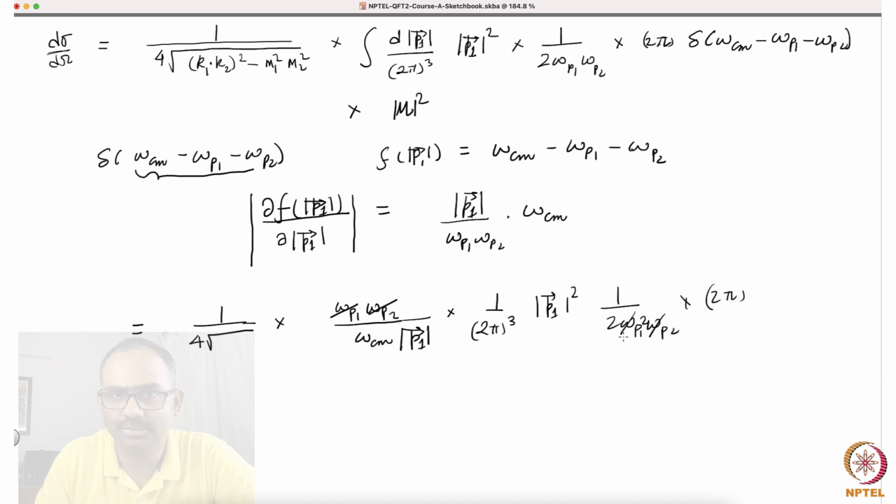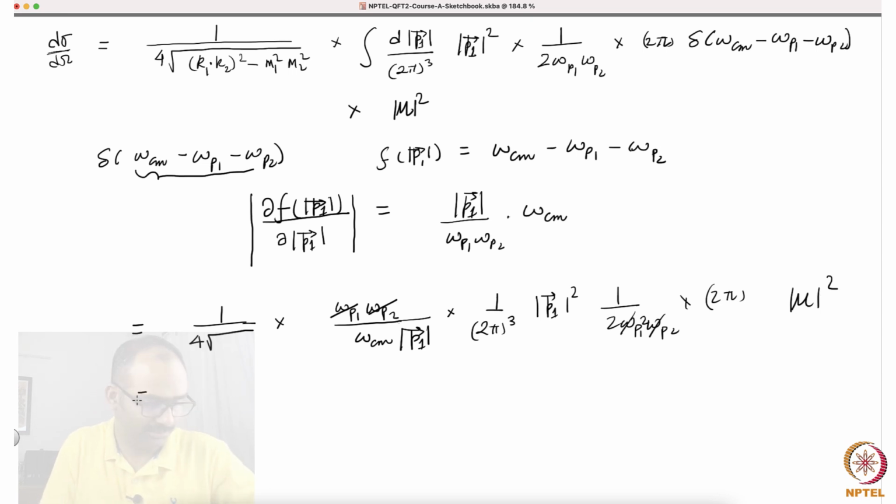So there is a factor of 4 coming from here, and mod m square. Let me check if I missed something. All looks good.